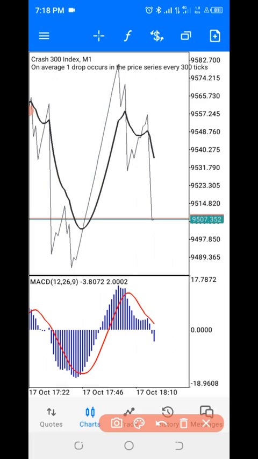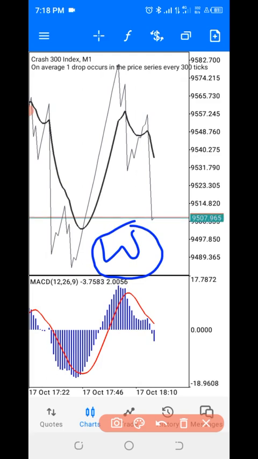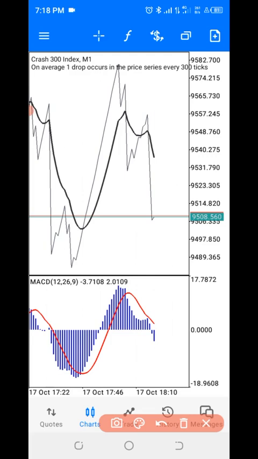When we talk about M's and W's, let me limit it to W now, because for Crash 1000 it is going to be W, but for Boom 500 obviously it is going to be M. So when we talk about M and W, there are variations to it; at least I know of 3 types of M and W that we have.